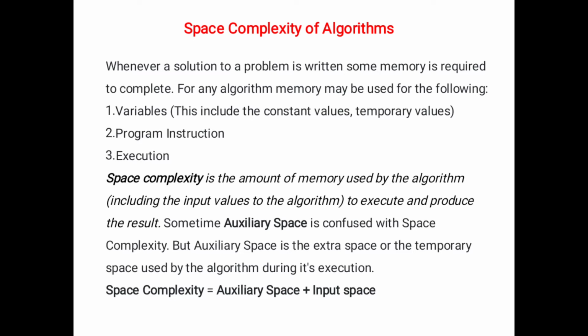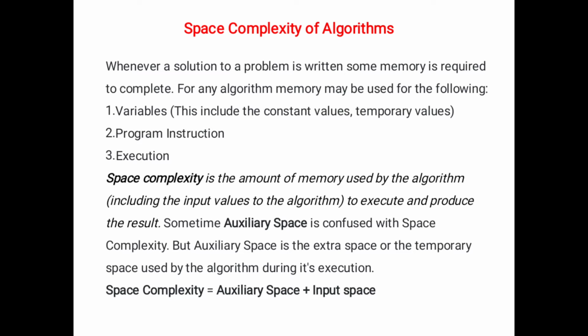One more thing: auxiliary space is also needed for execution of an algorithm. Auxiliary space is extra space, or the temporary space used by the algorithm during its execution. Can you give an example of temporary space or execution space? During the execution of the program, memory must allocate a particular space for execution purposes. After the execution completes, it is automatically deallocated.